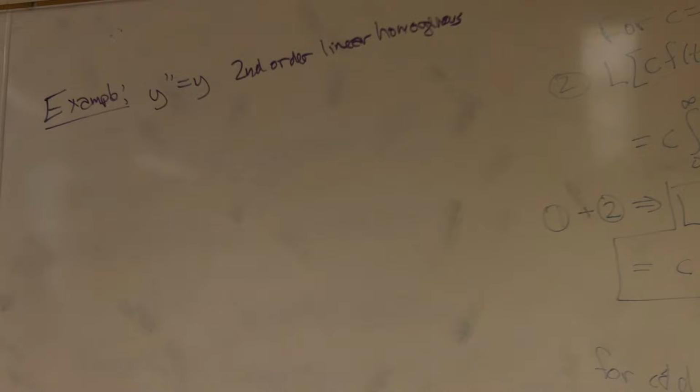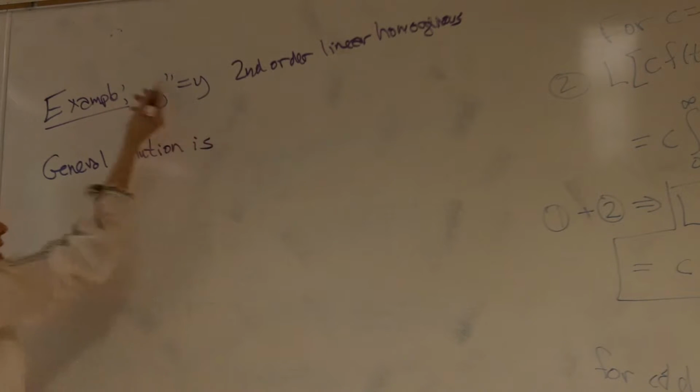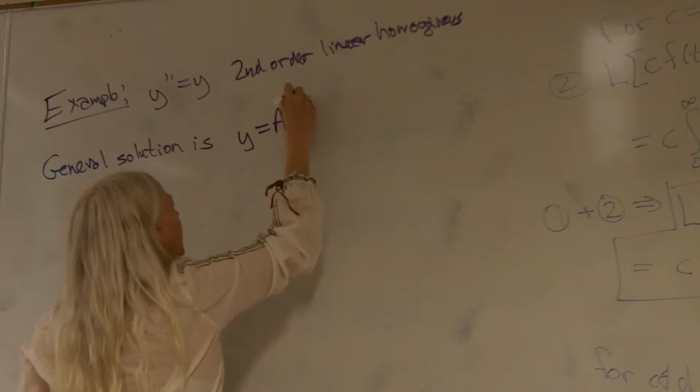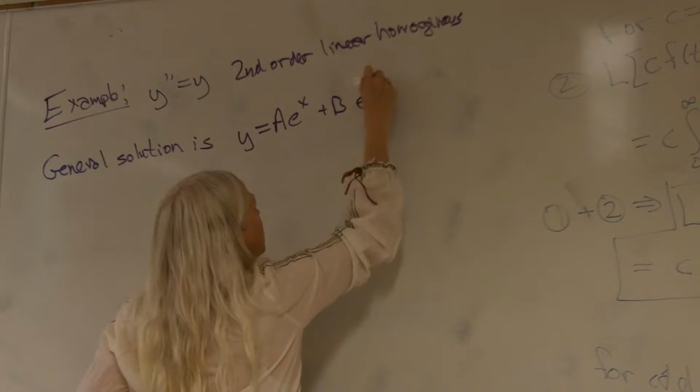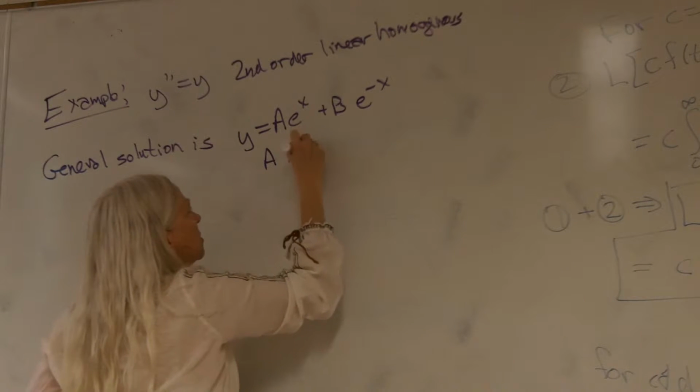My claim is that the general solution, and I know you don't know how to solve this yet, so I'm not suggesting that you should know what this solution is, is y equals a times e to the x plus b times e to the minus x, where a and b are arbitrary constants.